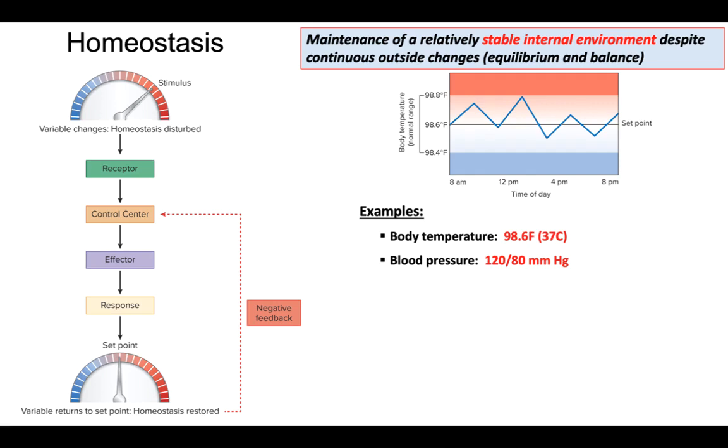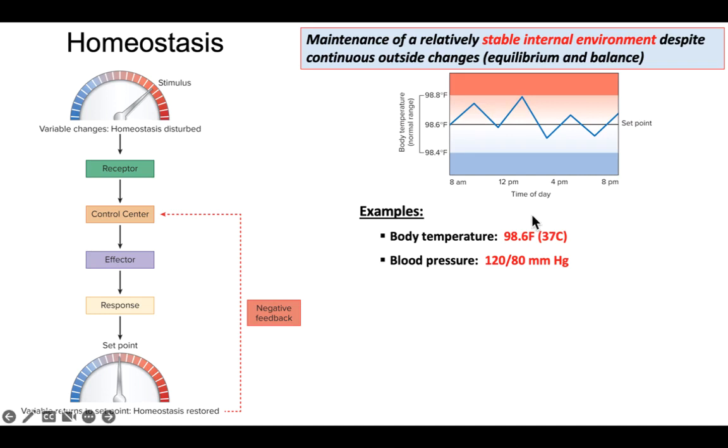If we have high blood pressure, we have to have a way to detect it. So we have receptors that are called baroreceptors. We have to have someone that knows, or someone to tell about it. That's going to be your brain, medulla oblongata, actually, of your brain. And then the effector wouldn't be body temperature, it would be your heart and blood vessels.